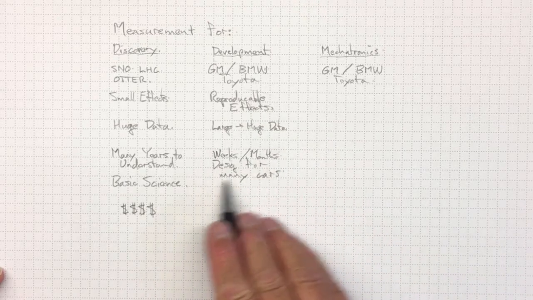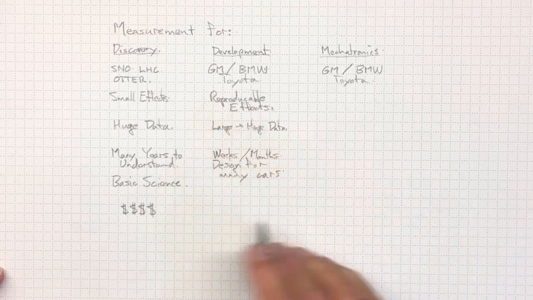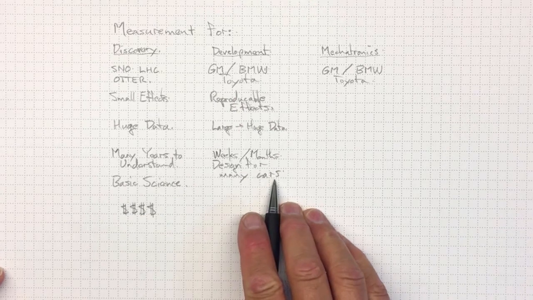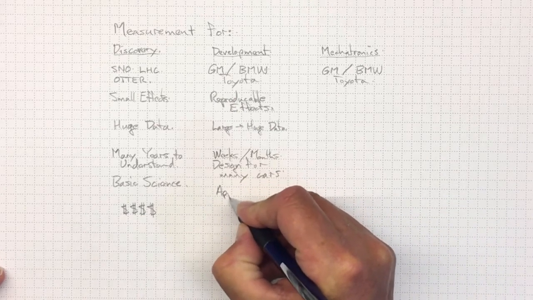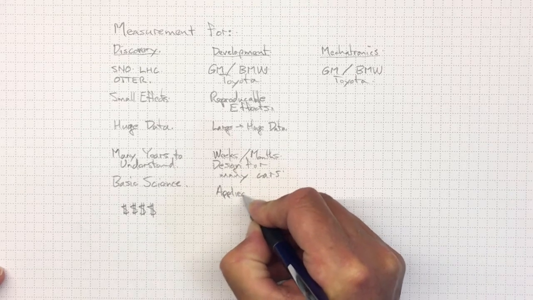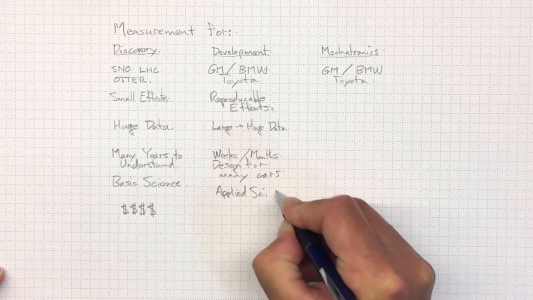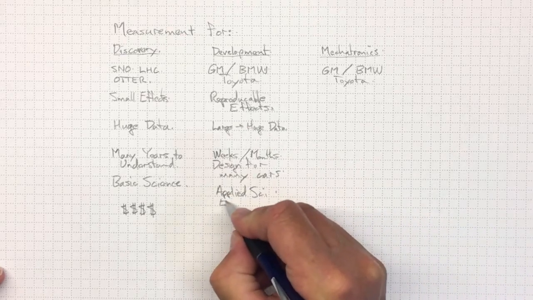So we've got weeks or months, we're improving design, we're going to apply that design over many different cars, but it is still very much applied science, or let's call it what it really is, engineering.